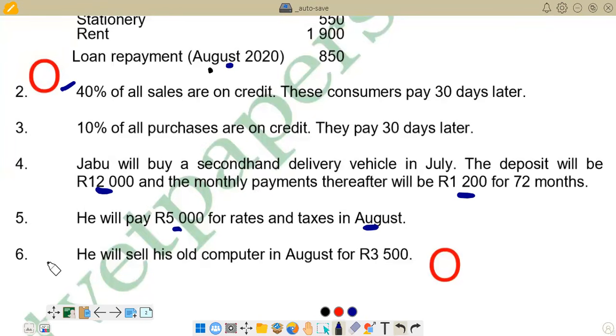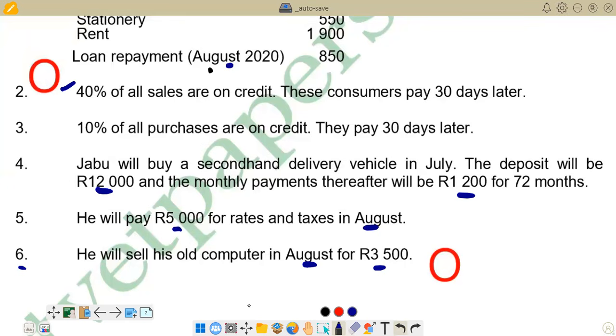Then we go to check the other. The last item that we have there is 6, which is saying you sell his old computer in August for 3,500. So what does it mean? It means this 3,500 is going to be received in August. So under receipts, we are going to put 3,500 in August, on other receipts.